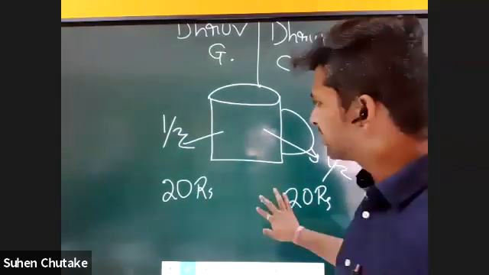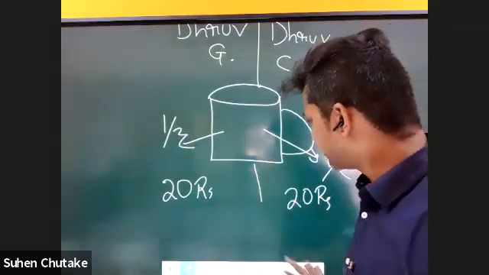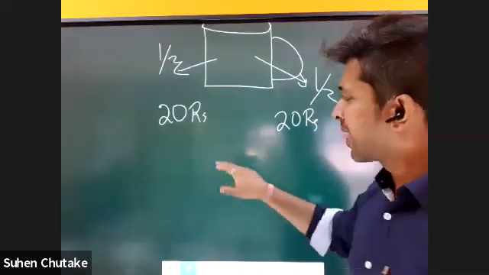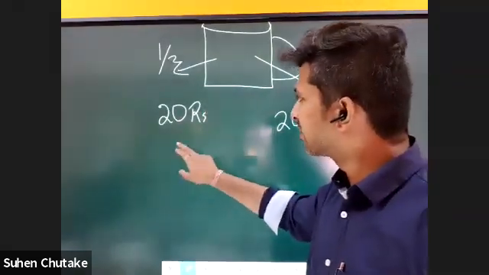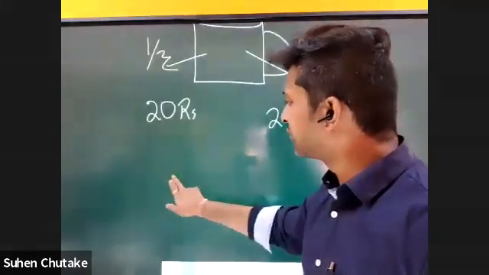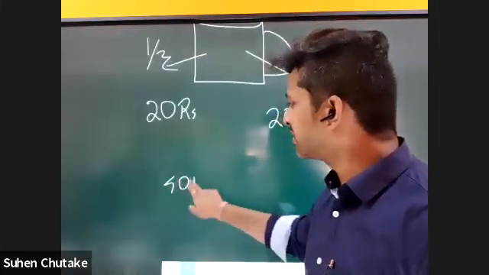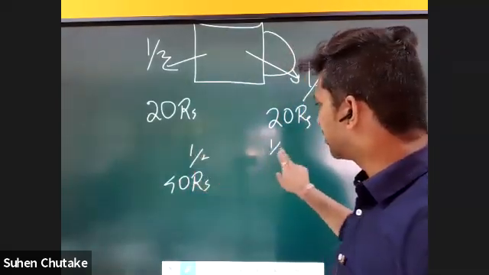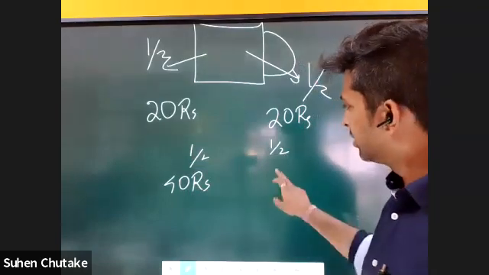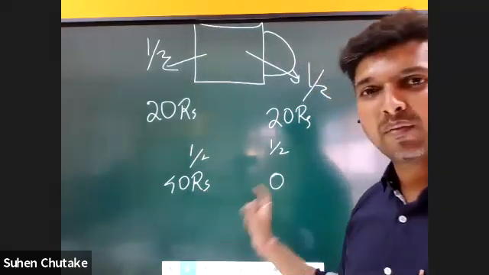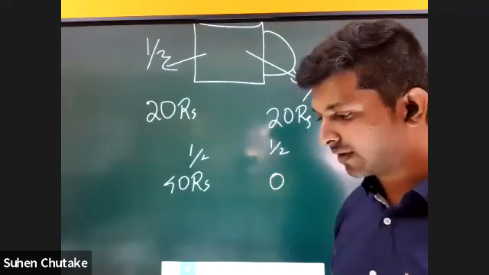Okay. So next time they go again. Dhruv Gupta, who was on the left side, pays 40 rupees, because both of them again have half of the coffee on the next day. But Dhruv Chotalia forgets money at home, and Dhruv Gupta pays for both of them, Dhruv Chotalia as well as himself.